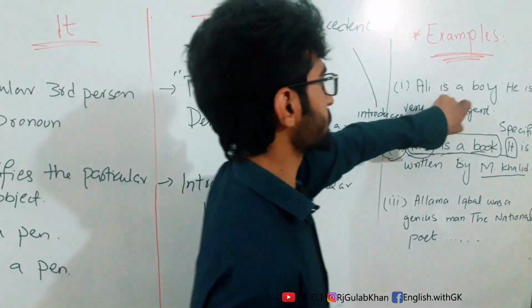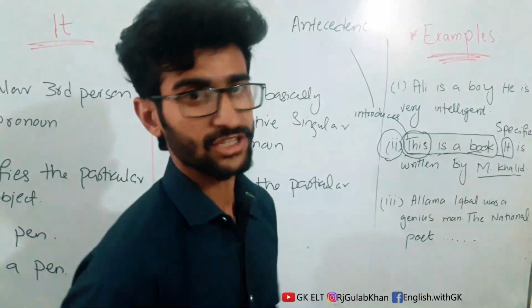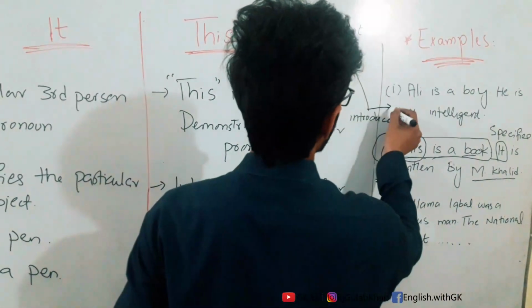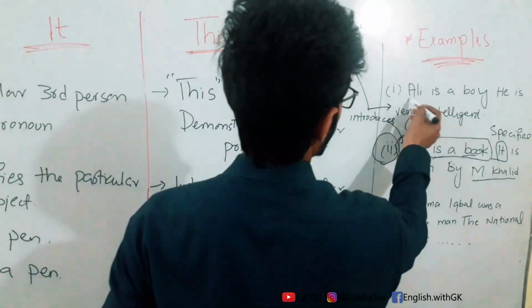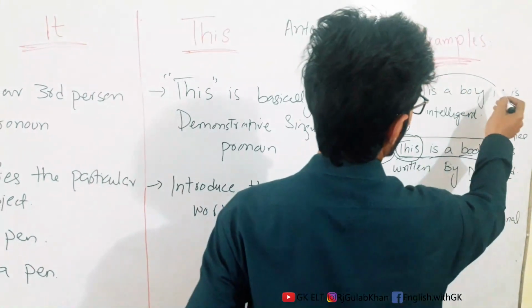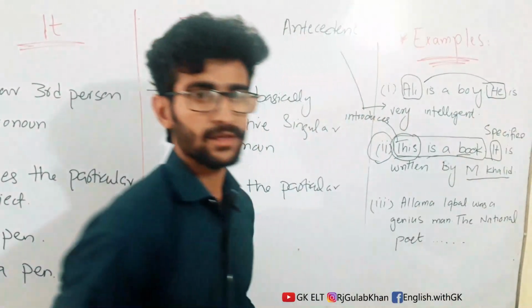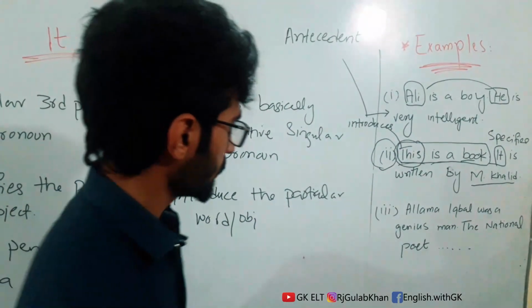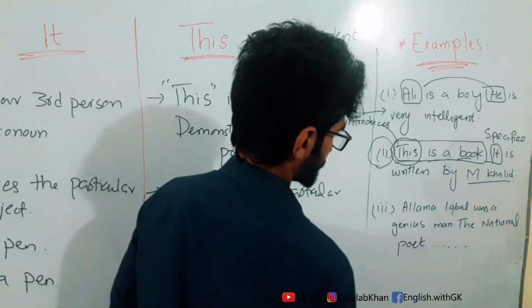So we say Ali is a boy, he is very intelligent. Here the word Ali is the antecedent of the pronoun he. Got it?